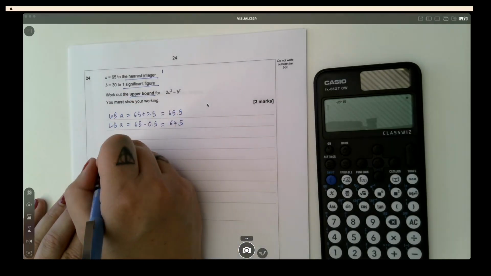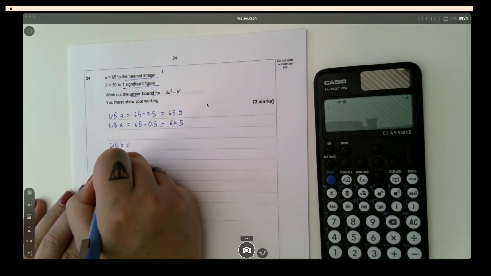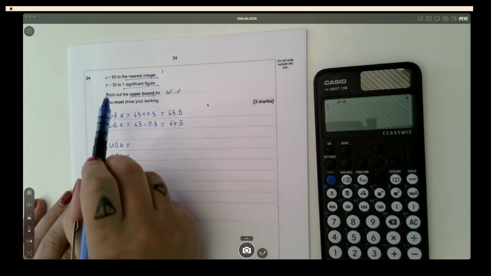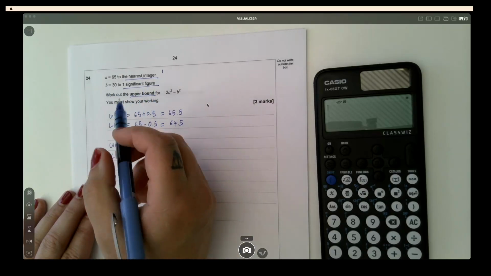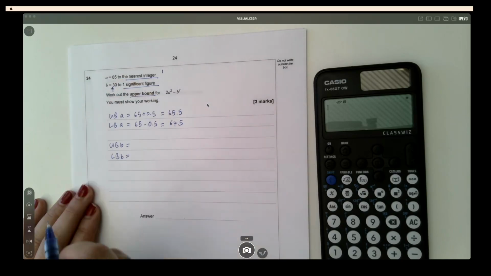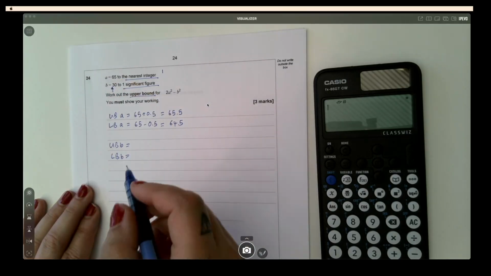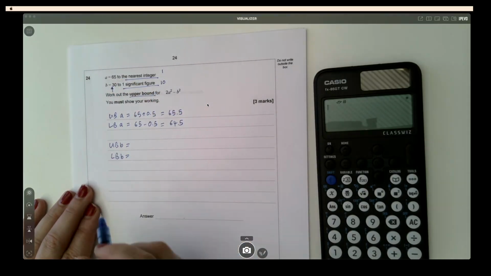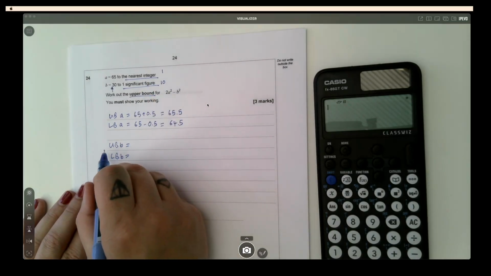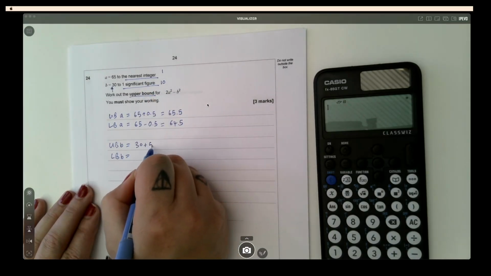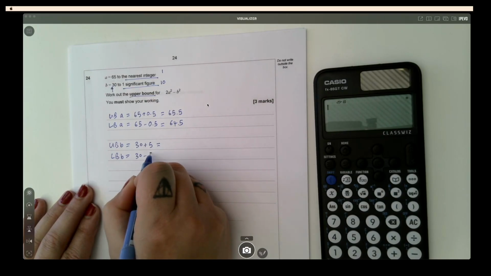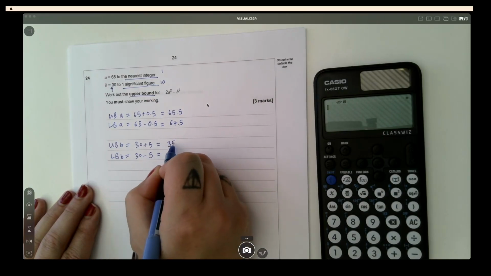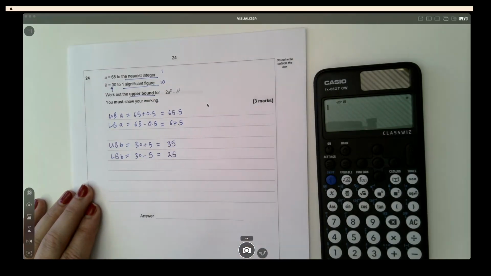Let's do the same for b then. So we want the upper bound and we want the lower bound. So b is rounded to one significant figure. The first significant figure is the 3, which is in the tens column. Half of 10 is 5, so for the upper bound we would add 5 and for the lower bound we would subtract 5. So 35 and 25.